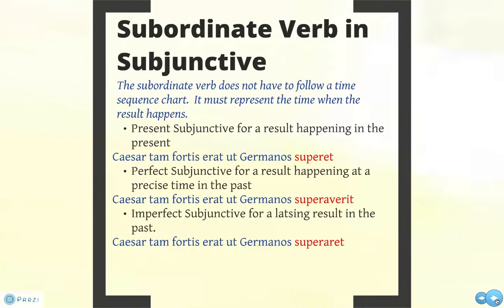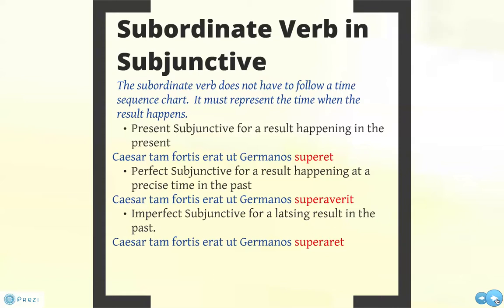And finally, we have a subordinate verb in the subjunctive. What is interesting about subordinate verbs in the subjunctive, we've been so accustomed to seeing these big time sequence charts to see which subordinate verb can go with a main verb. Well, for result clauses, we don't really follow these time sequence charts to express simultaneity and posteriority and so on.